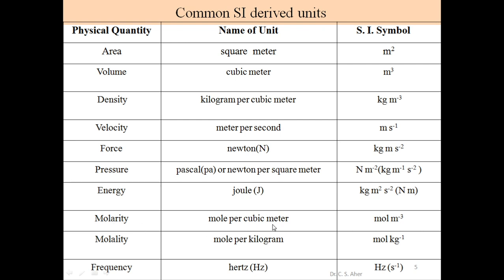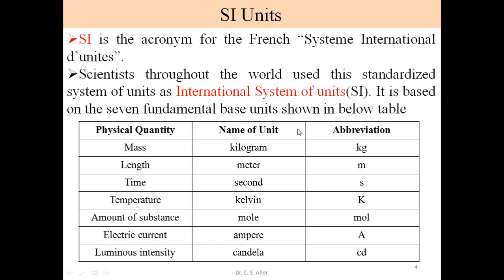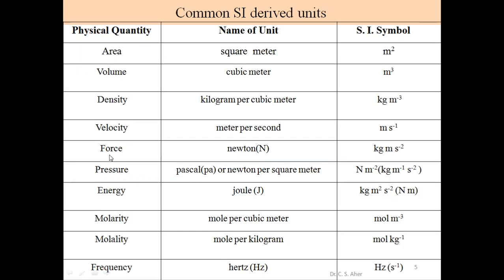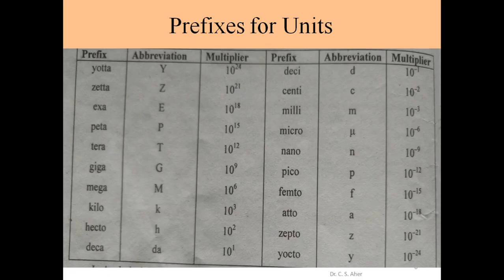Molarity, mole per cubic meter, that is mol m raised to minus 3. Molality, mole per kilogram, mol per kg. Frequency is expressed in hertz, symbol Hz or per second. These are the derived units. The previous table was for basic units, and these are the common derived units expressed in SI units.